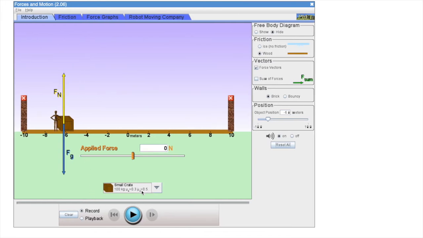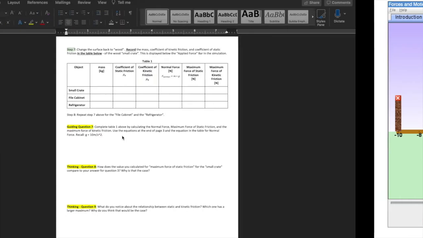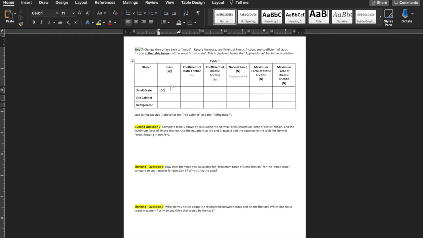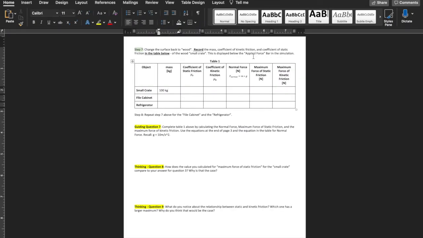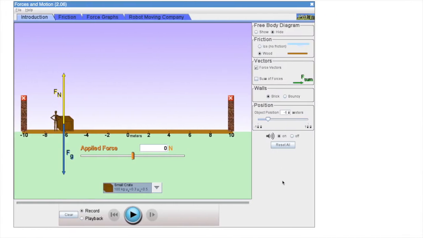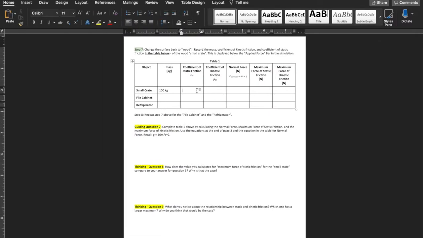All right, then we need to look at the mass. Well, the mass is, let's see, 100 kilograms. Okay, so 100 kilograms. And again, that's displayed at the bottom underneath the applied force bar, as it says right here. Then we have the coefficient of static friction. That's mu of s. That's 0.5.